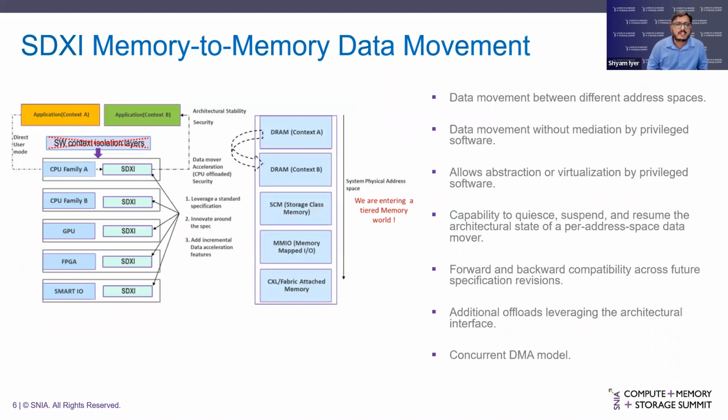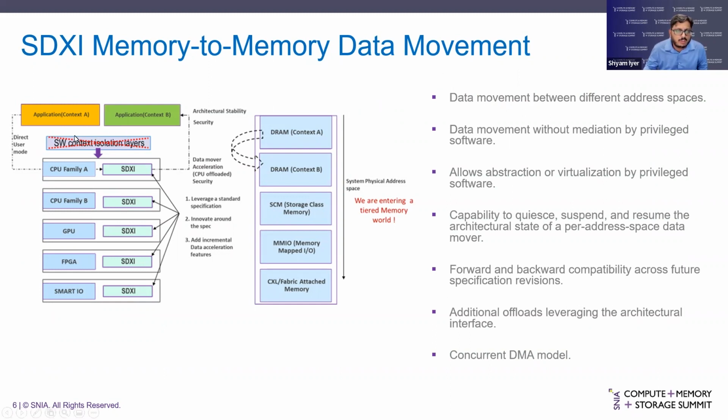In terms of what the specification is designed for, any memory-to-memory data movement interface needs to work with applications. So we have designed it such that applications can make use of this interface without having to deal with a lot of software context isolation layers.